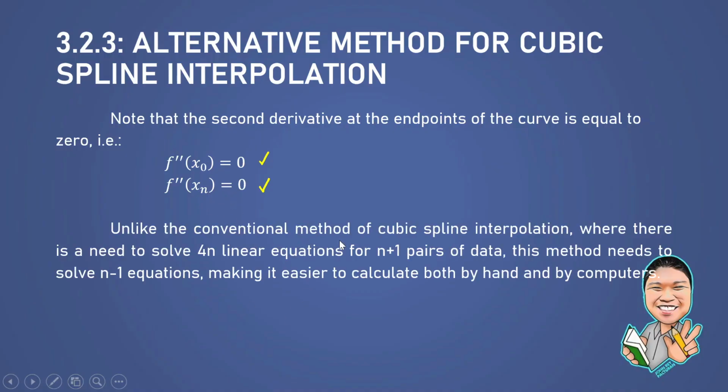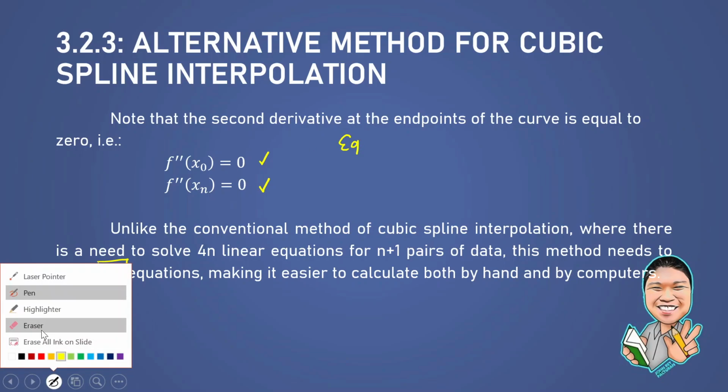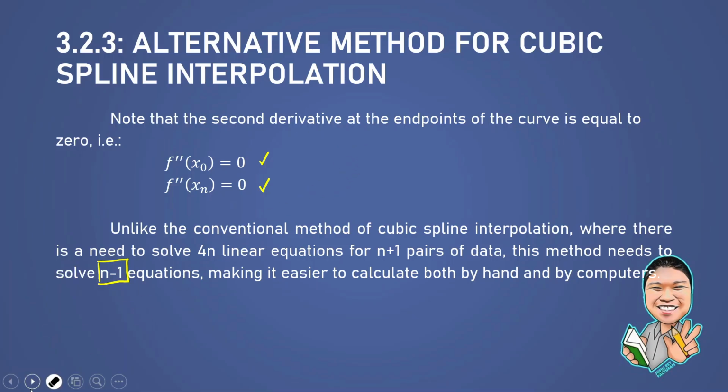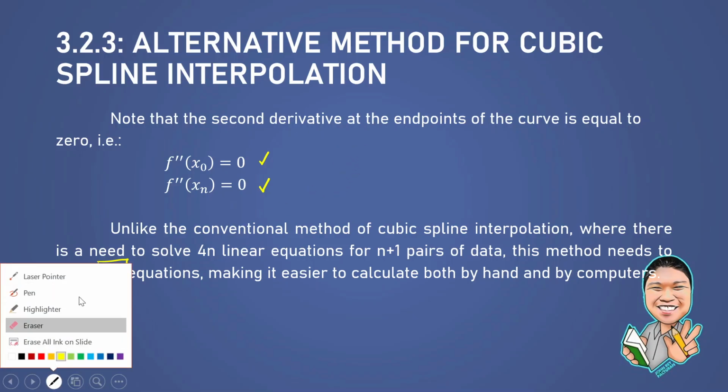So, unlike the conventional method of cubic spline interpolation where there is a need of 4n linear equations for n plus 1 pairs of data, this method needs to solve n minus 1 equations, making it easier to calculate both by hand and by computer. So, mas madali daw to dahil mas konti yung linear equations na iso-solve natin.